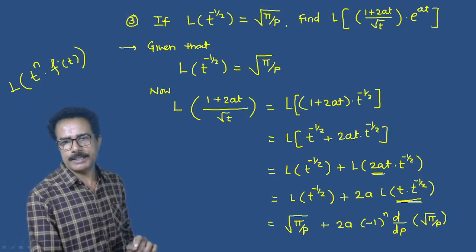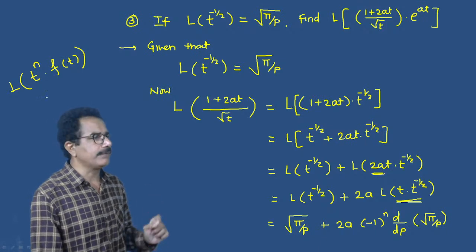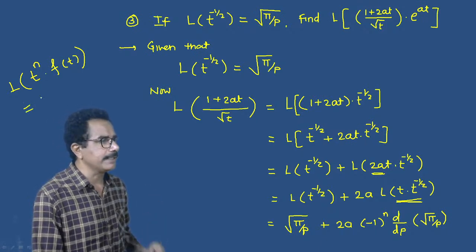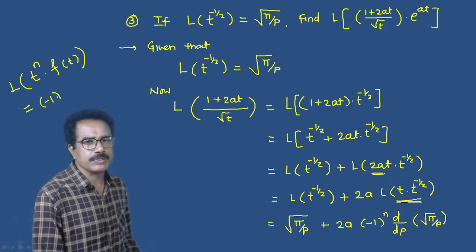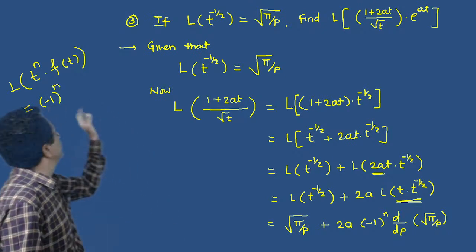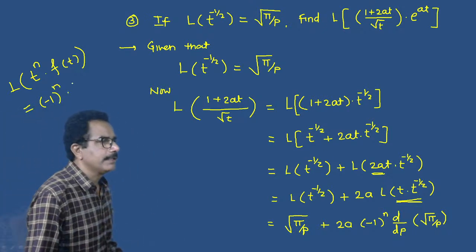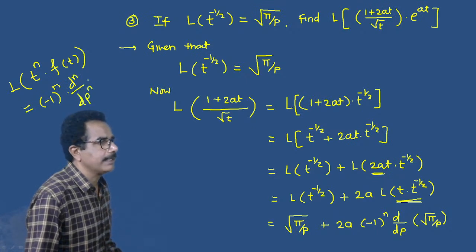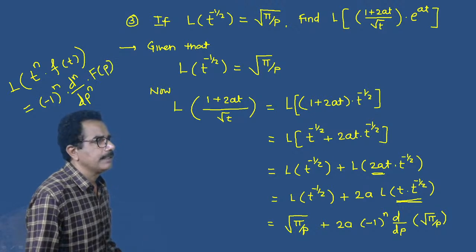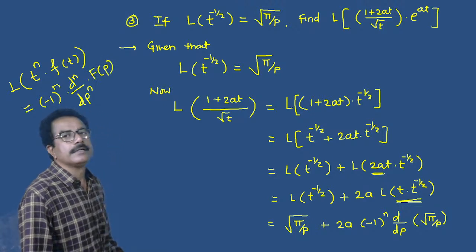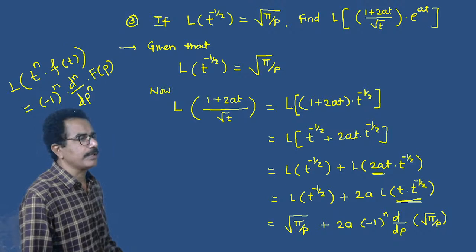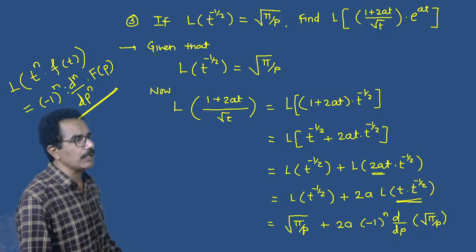Who can tell me, students? What is the result for this? We have to write minus 1 raised to n, d raised to n by dp raised to n, into capital F of p, where capital F is the Laplace transformation of small f. This is the formula which we have to use.